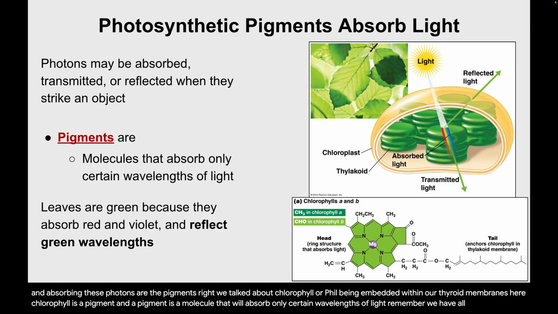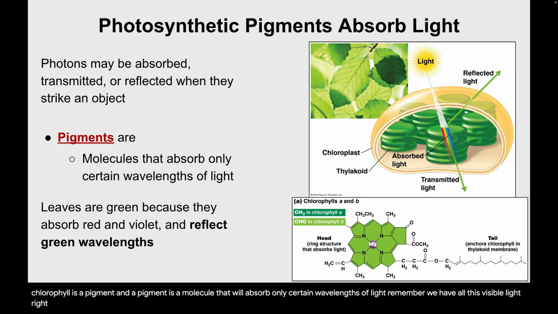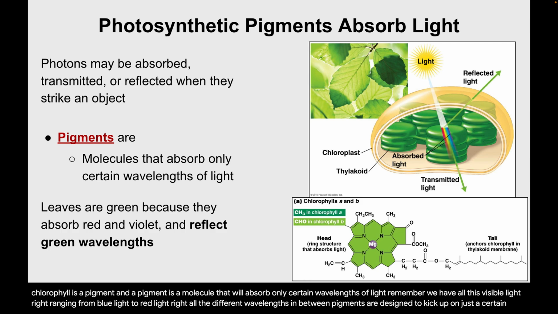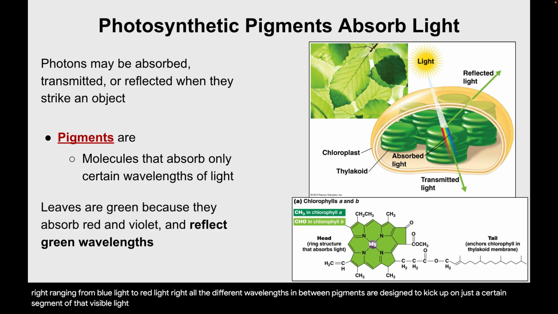Remember, we have all of this visible light, ranging from blue light to red light, and all the different wavelengths in between. Pigments are designed to pick up on just a certain segment of that visible light, to capture only just a sliver of it. For example, when we think about plants, we know they're green. Most plants are green, though there are always exceptions.